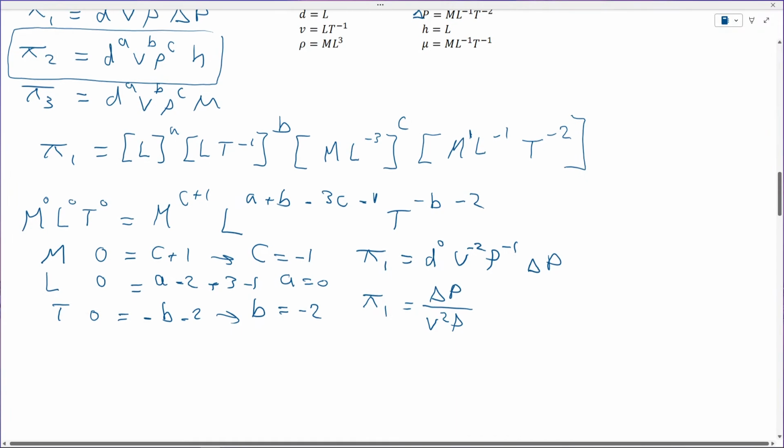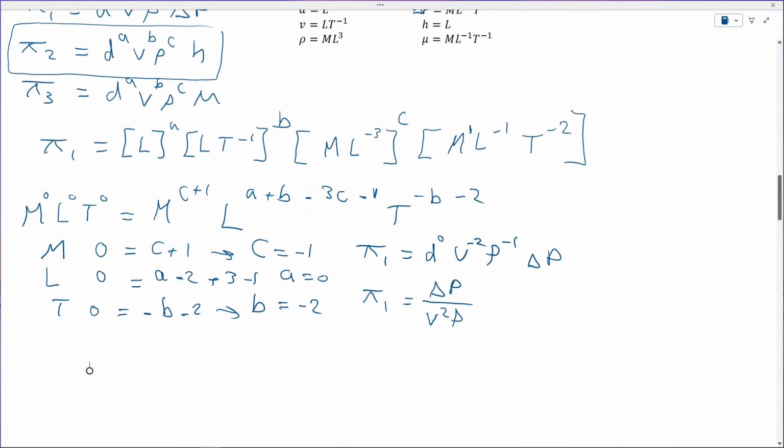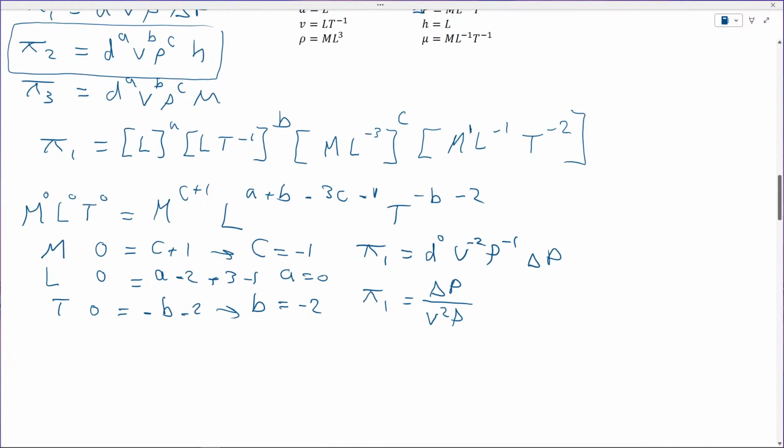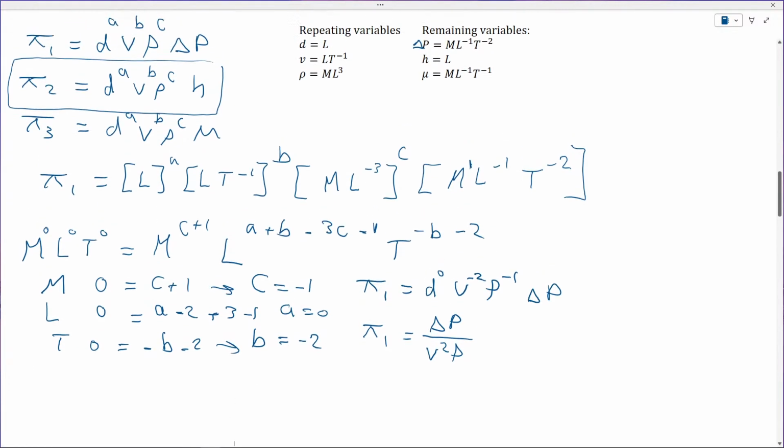Can I do the same for pi 2? I mean, just for practice, yeah? It's not boring. It doesn't hurt. We know already just intuitively that pi 2 should be equal to d over h.